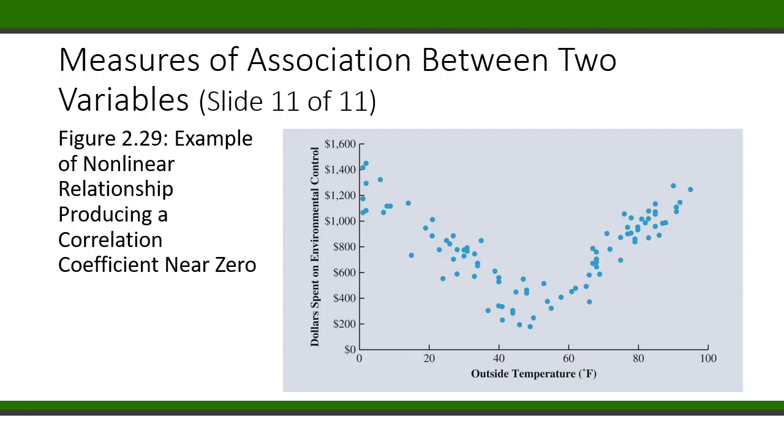So here the sample correlation coefficient is around a negative 0.007, and that means that there's no linear relationship between the two variables. And so you can see that on this plot. And so as the temperature outside increases for cooling, the cost decreases. But as it gets hotter, the cost starts to increase again.